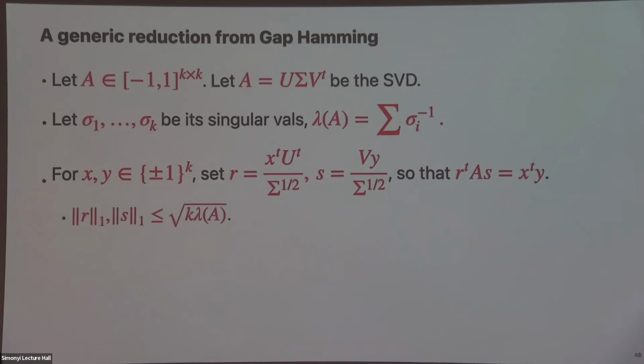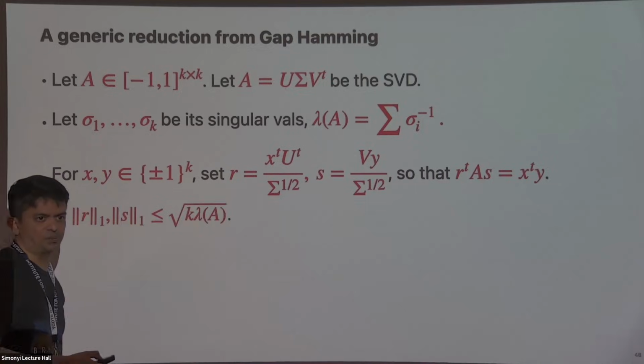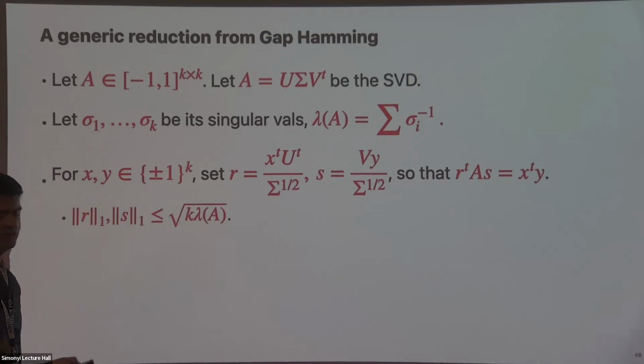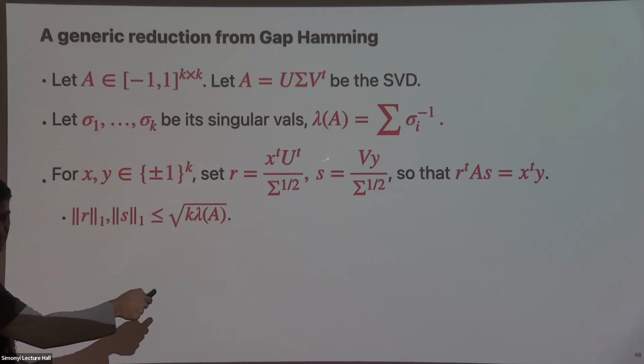And now, how much error does it give us? For this, we need to compute the one norm of these vectors, right? And what are we going to do? We're going to use Cauchy-Schwarz. So we're going to bound the two norm instead. We'll incur a root k for that reason. This orthonormal part doesn't change anything. We can ignore it. We have a sigma raised to 1/2 in the denominator, right?